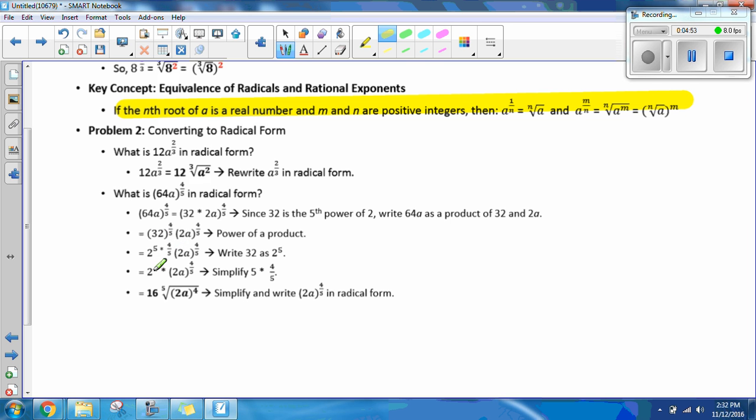So now I have 2 to the 4th power, which is just equal to 16. For the other factor, I have 2a being raised to the 4/5 power, so I take the 5th root of that quantity being raised to the 4th power. So I have 2a raised to the 4th power, and I'm taking the 5th root of that.